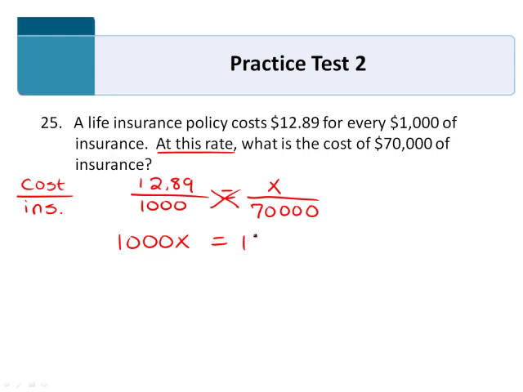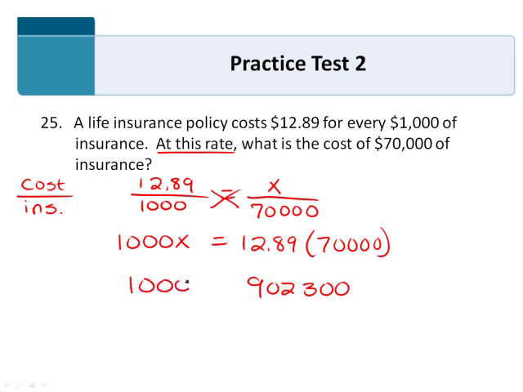Let's see, 12.89 times 70,000, right? 12.89 times 70,000 gives you, does that come out? 902,300. That sounds weird. Okay, so we have 1,000x equals that, right?